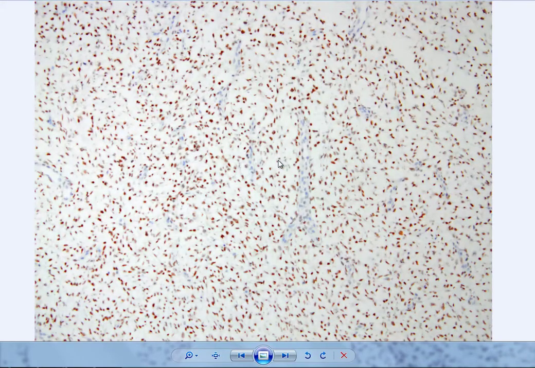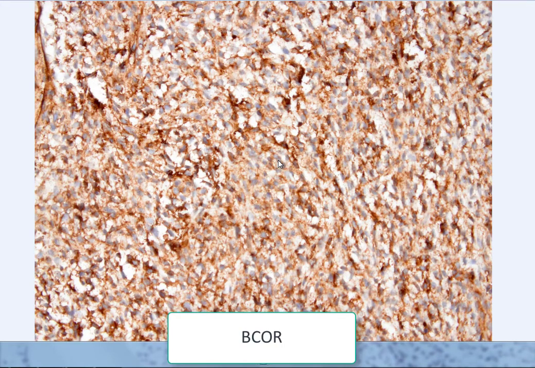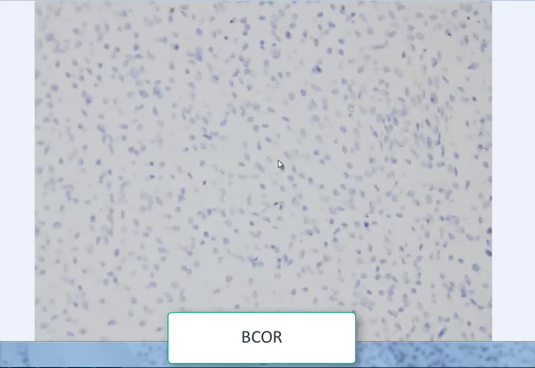And of course then we did CD99, which almost excludes Ewing sarcoma because of the lack of strong and diffuse membranous positivity. In this case, we have this cytoplasmic or dot-like expression of CD99. Interestingly, this case was BCOR negative immunohistochemically.